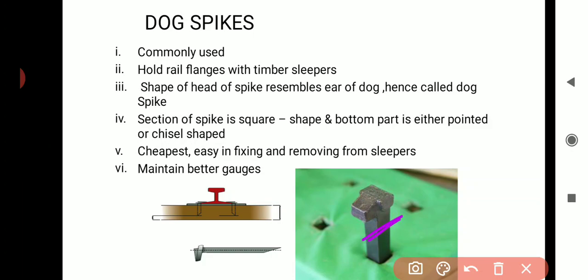If we cut here, or at any point of this spike, then we can see that the cross section is square shaped, and it is generally pointed or chisel shaped at the bottom part. Generally this type of spike is cheap, that's why they are commonly used, and they are easy in fixing and removing from sleepers, and they also maintain better gauge.